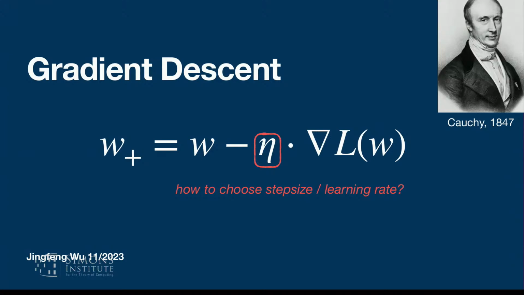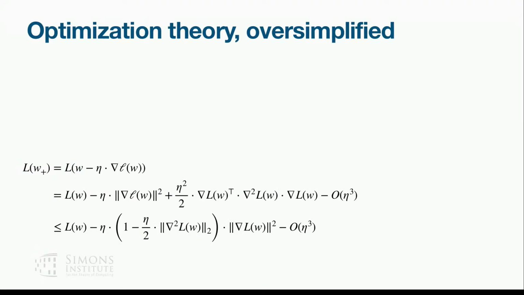To answer this question, let's first check what the classical optimization theory tells us. The idea is as follows. Let's insert the gradient descent update back into our function, and do a second order Taylor expansion and group the first order term and the second order term.